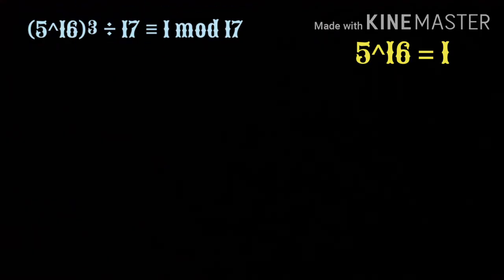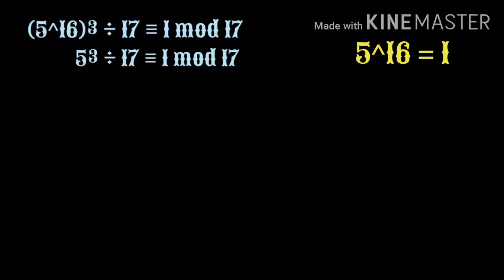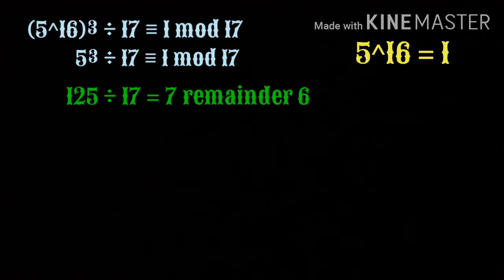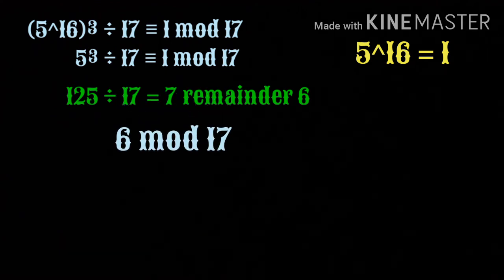Then we have 5 cubed divided by 17 is congruent to 1 mod 17. 5 cubed is equal to 125. And 125 divided by 17 is equal to 7, remainder 6. Now we have 6 mod 17.